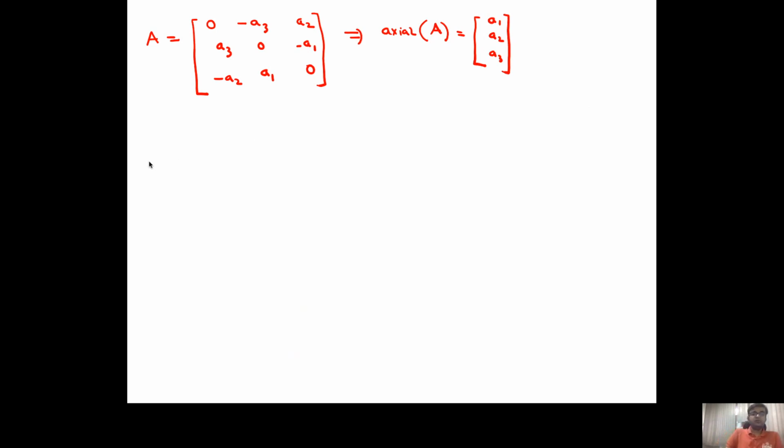Now, for the W that we have, which is a skew symmetric matrix, it looks like the first term is 0, the second term is del U1 by del X2 minus del U2 by del X1. The half I can bring outside, okay.